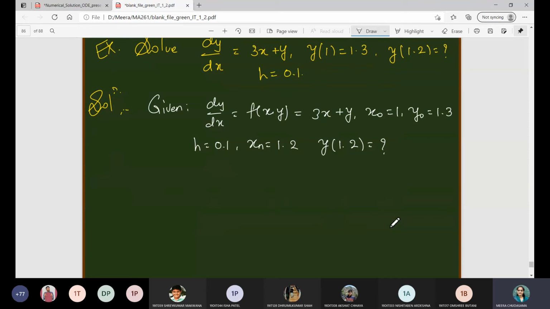Okay, so first of all, how many iterations do we have to consider?